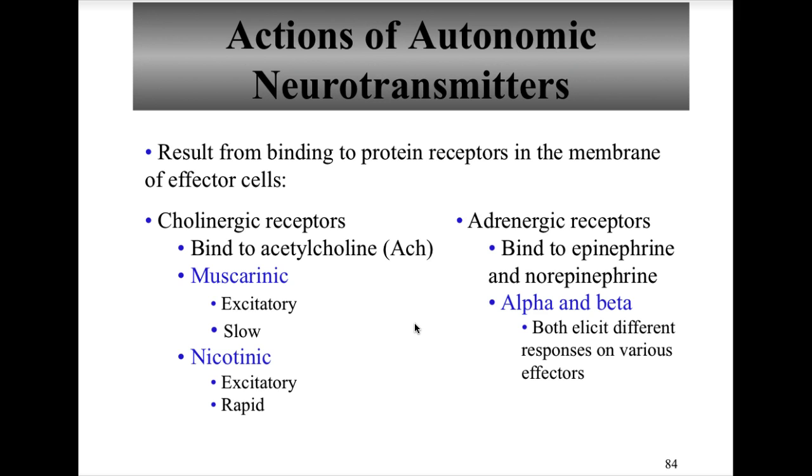You have destruction of the neurotransmitter. Acetylcholinesterase is going to destroy acetylcholine in the neuromuscular junction, so it only has a momentary effect. It occurs within a fraction of a second. Then you have the reuptake of the neurotransmitter. Much of the norepinephrine is transported back into the postsynaptic fiber through active transport.